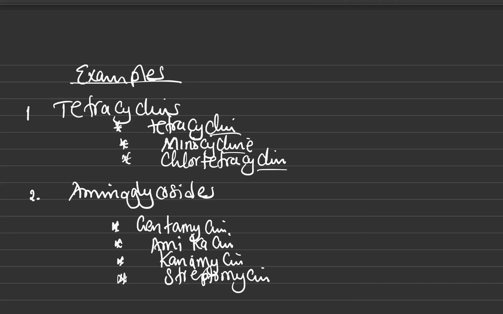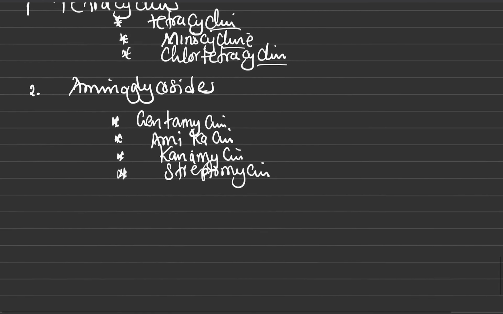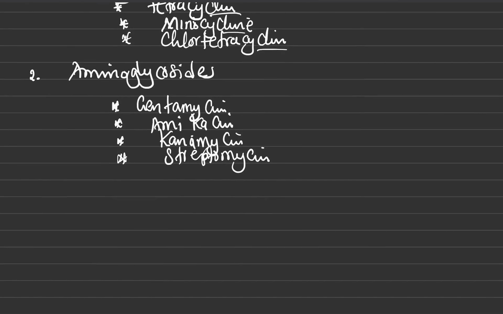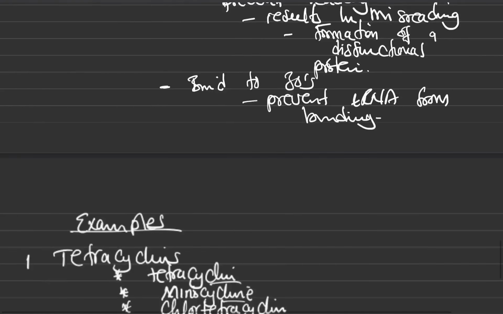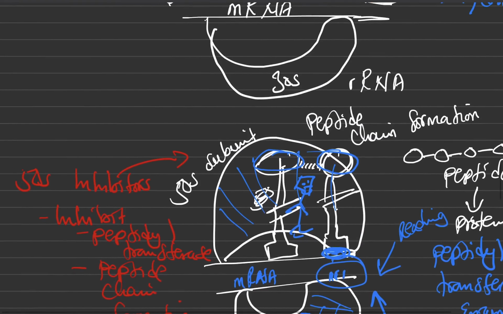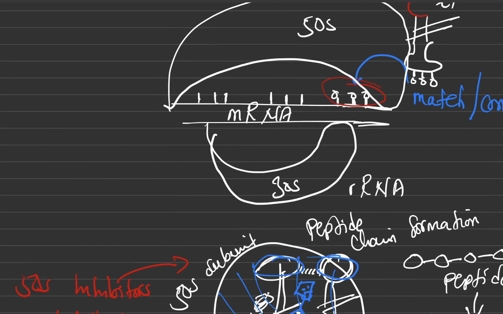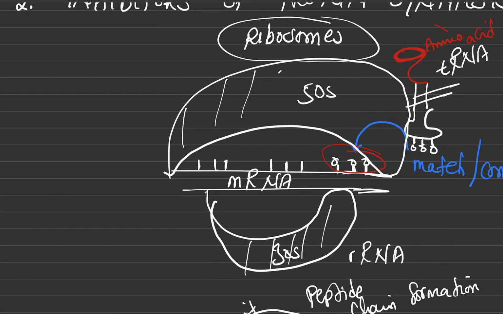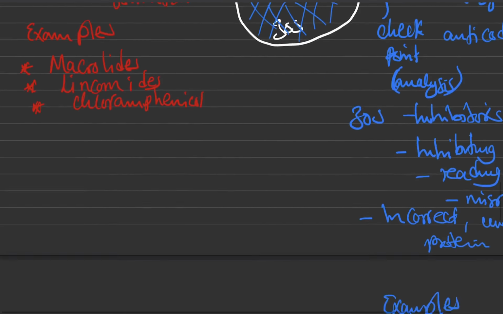Okay, these are the aminoglycosides that we have as 30S inhibitors. Know them, know the names, know which one is a 50S inhibitor, know which one is a 30S inhibitor, understand the mechanism of action of these drugs, how they work and how they prevent protein synthesis.